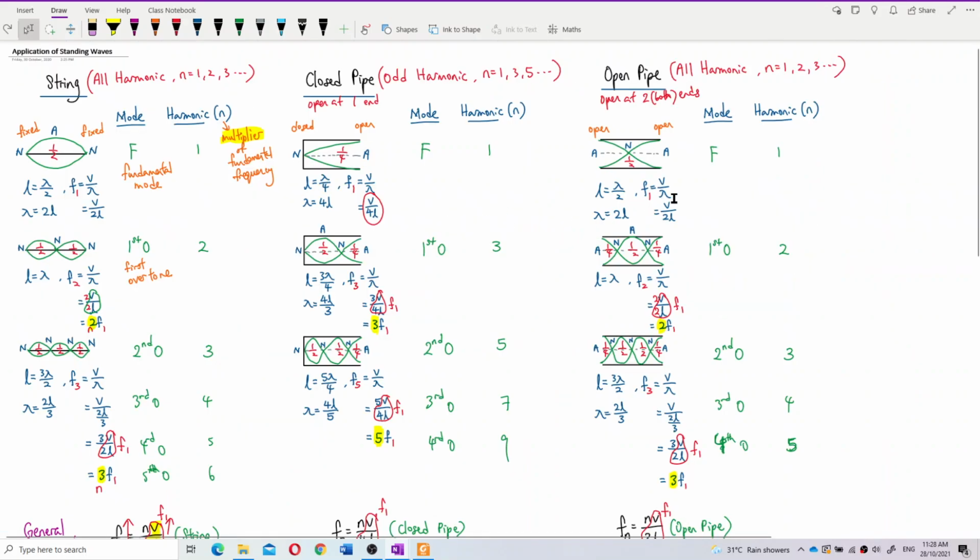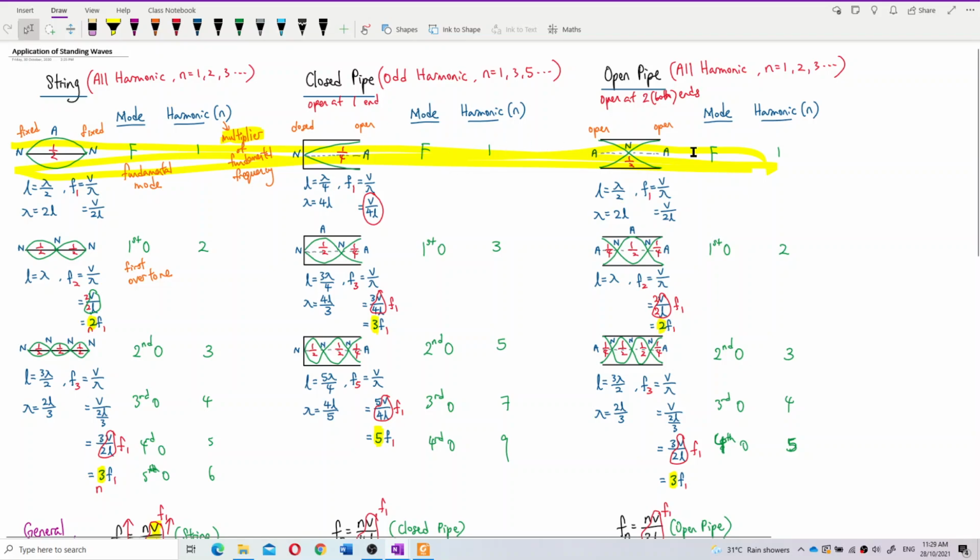Understand? Very simple question. Still, what is important is you must remember the first drawing, the first drawing of the string, closed pipe and open pipe. The fundamental mode: is it two fixed ends with two nodes, or two open ends with two antinodes, or is it a closed pipe with one node and one antinode?